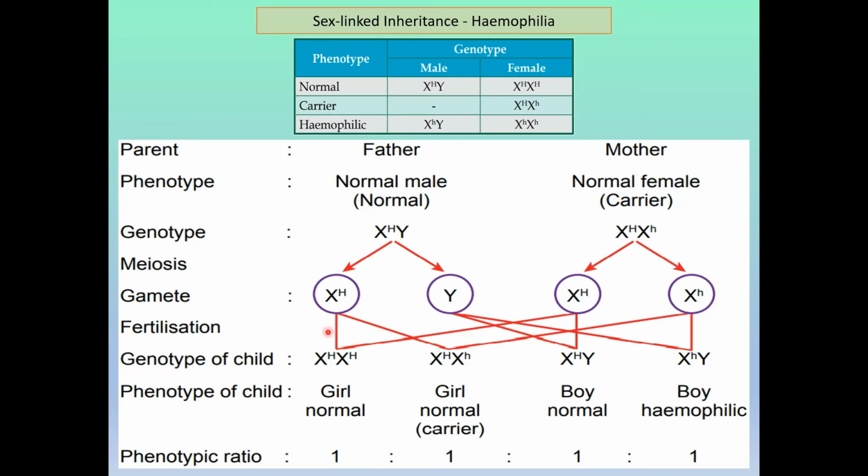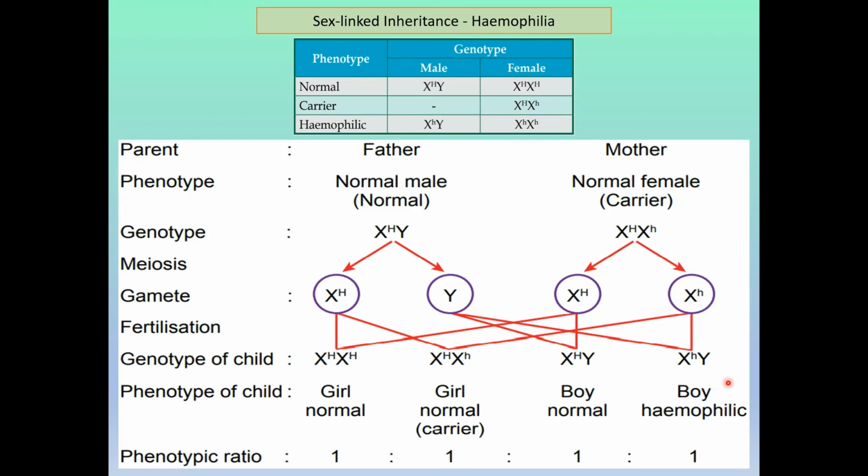When fertilization occurs, this is the genotype of the children, 2 girls and 2 boys. This girl is normal, but this one is a carrier because she carries one recessive allele. This boy is normal, and this one is hemophilic because he carries one recessive allele on the X chromosome.